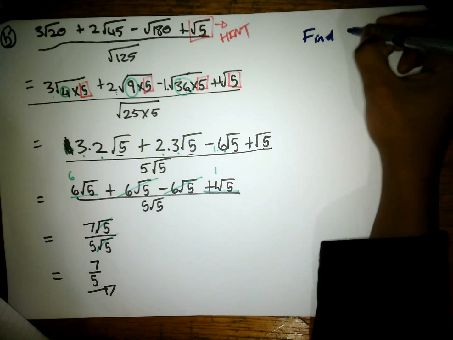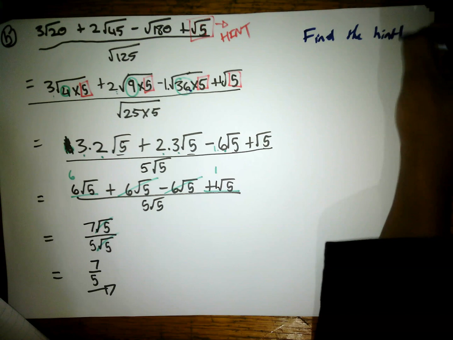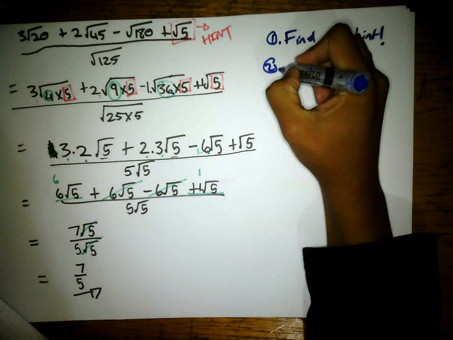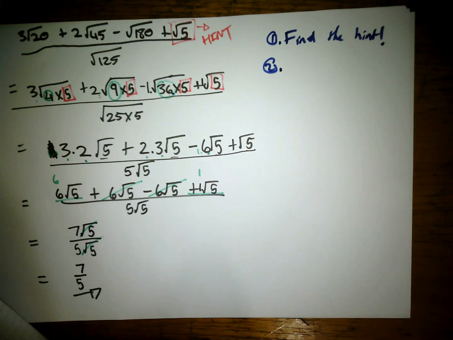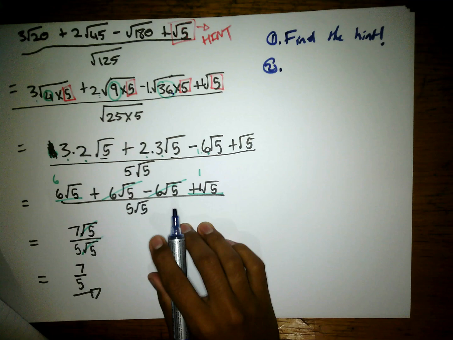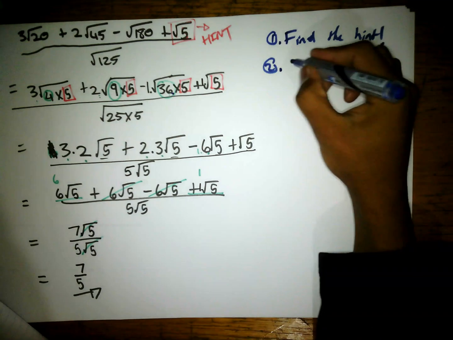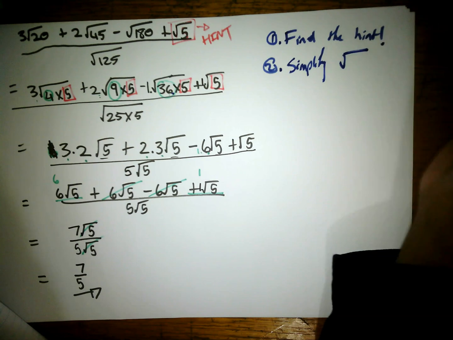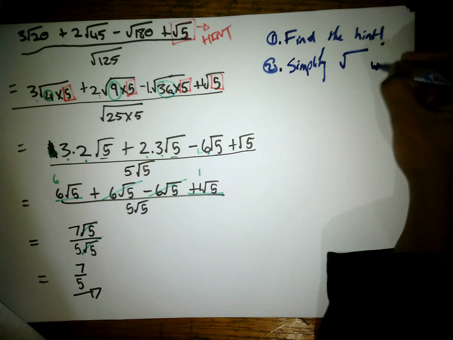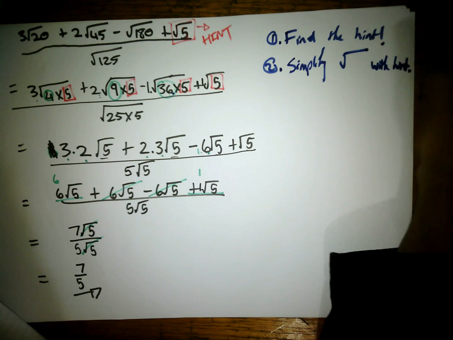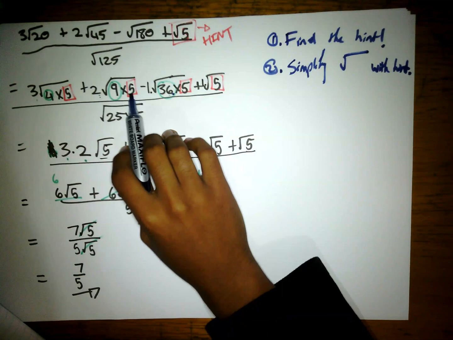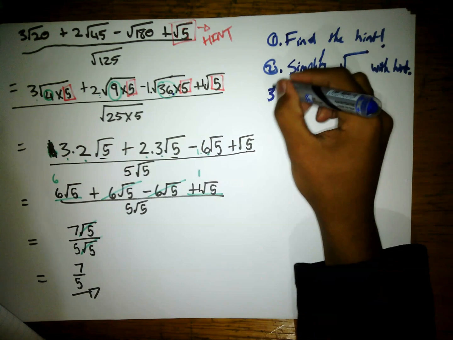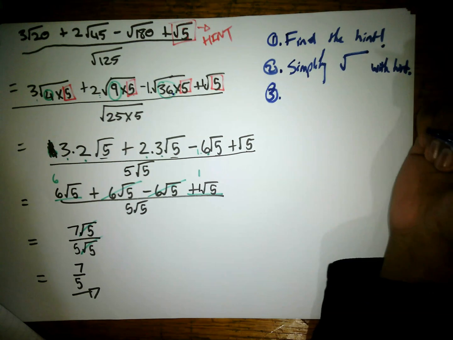Find the hint, and then simplify the square root with the hint. So you're going to simplify the square root, but with your hint included in there, because it has to be inside there. So you must simplify with respect to your hint that you have.